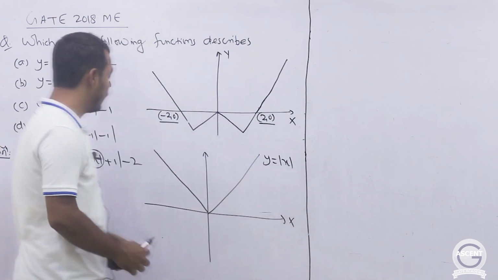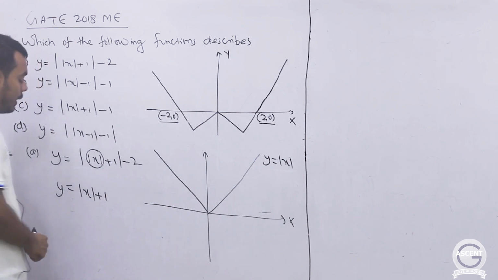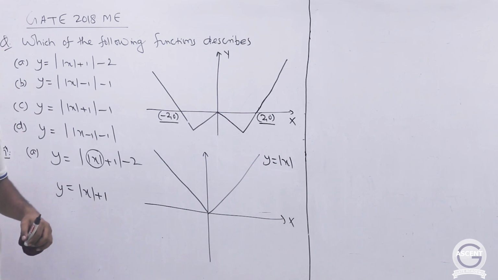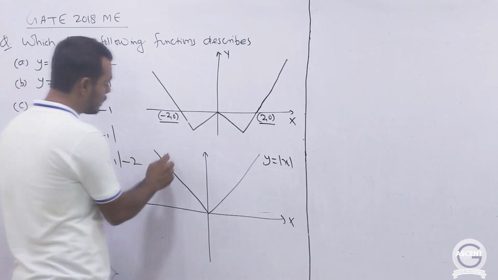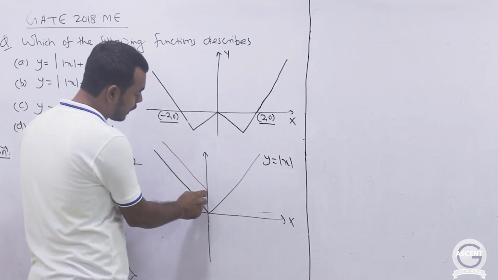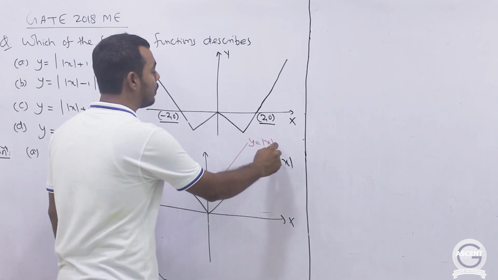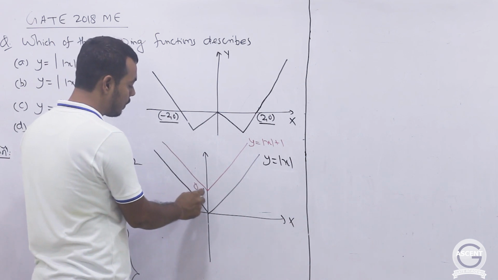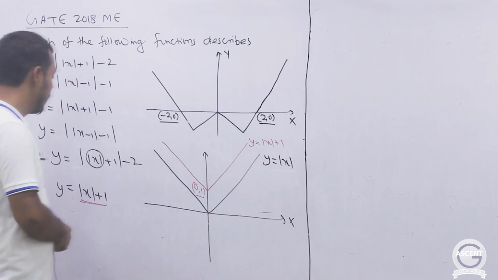Now if I want the graph of mod x plus 1, then we have to shift this graph by 1 unit towards the positive y axis, so we will get this graph. This will be your function y equals mod x plus 1. This point was (0, 0), so it will move to the point (0, 1).